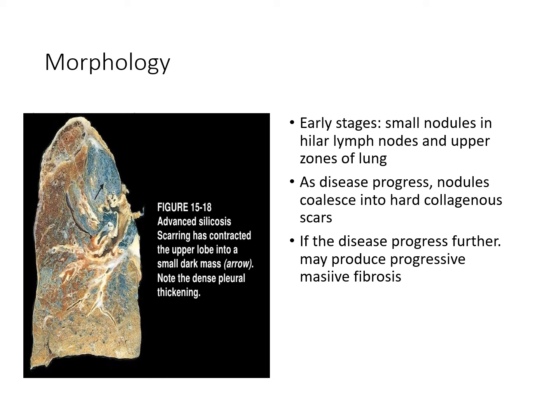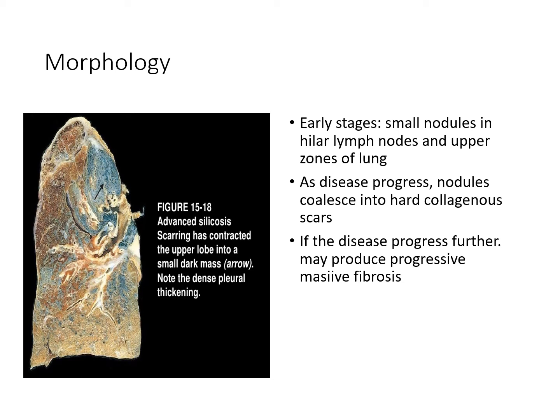In the early stages, small nodules in hilar lymph nodes and upper zones of the lung appear. As the disease progresses, the nodules coalesce into hard collagenous scars. If the disease progresses further, it may produce progressive massive fibrosis. The picture shows advanced silicosis.